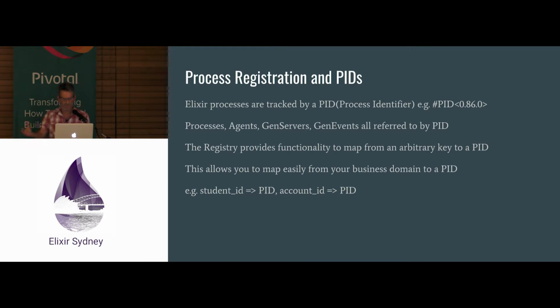That should say to a process, actually, it's not to a PID, it's to a process. So you can then map from your business domain to a process. Instead of having to say, this student ID is represented by this PID, you can just refer to that process using the registry by a student ID or an account ID.